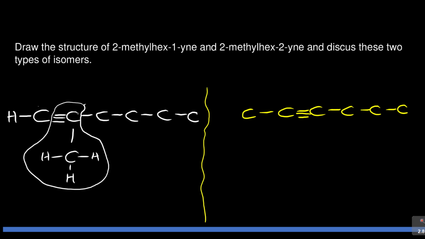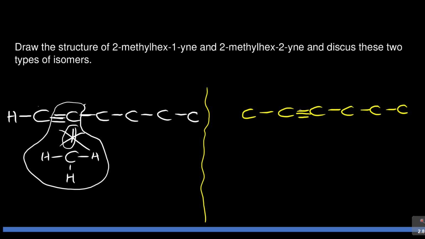So I think when I was writing this question, somehow there is an error here, because look at this, is 2-methylhex-1-yne. So the methyl can't be in carbon number 2, because at that moment I'll have 1 bond, 2 bond, 3 bond, 4 bond, then this becomes the 5th bond. What about the other one? Let me try the other one. Again it is 2-methylhex-2-yne.